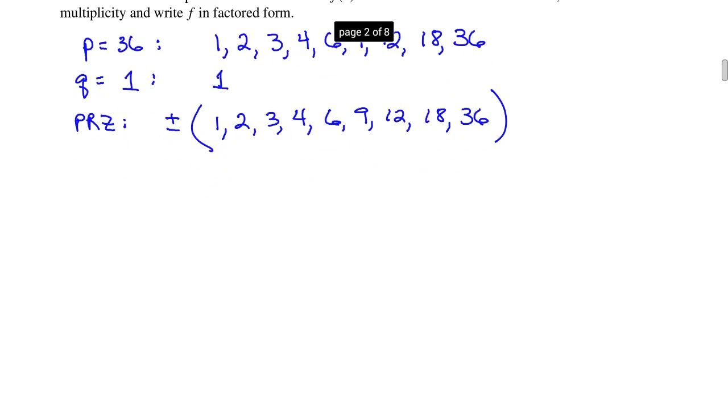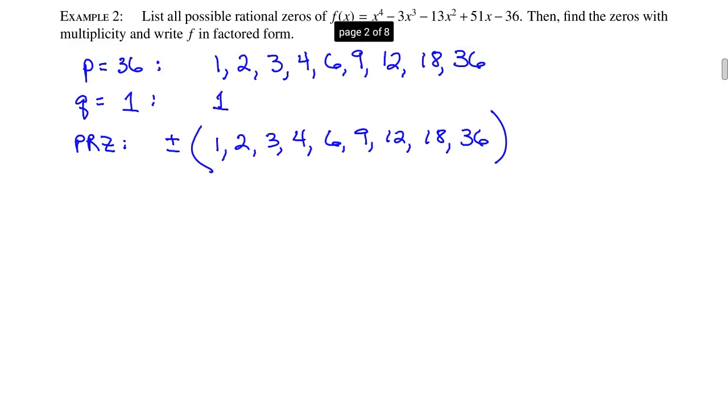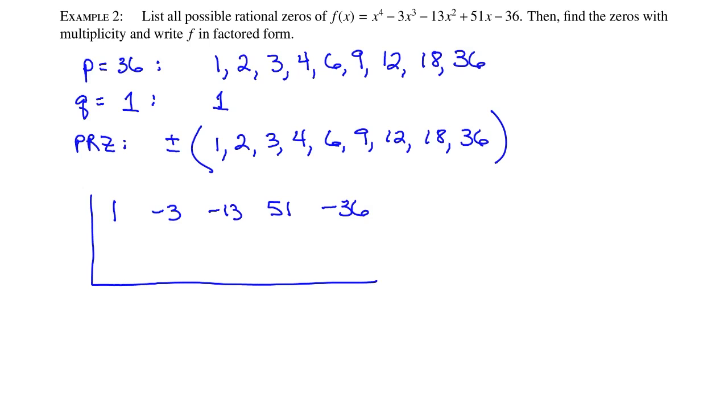So next, we just pick a number and divide out the polynomial to see if it is going to be a root. So let me write out the polynomial with just its coefficients here. So it's going to be 1, -3, -13, 51, and -36. And to do the synthetic division, I'll start with 1.